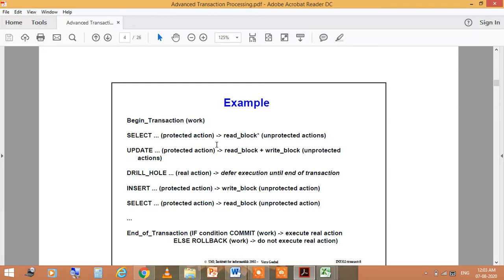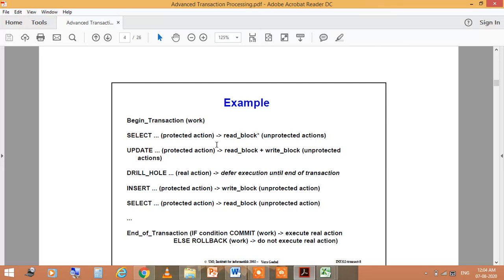In this, there is a query like select. First of all, a protection action should be there. Then after, read, block unprotected actions. And in update, protected action, write blocks, write associated, write read block unprotected actions.